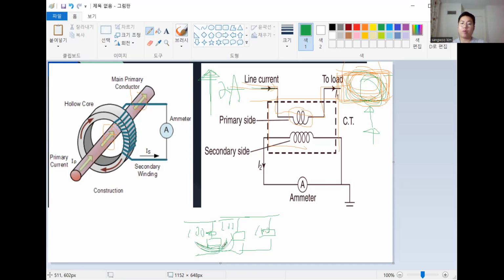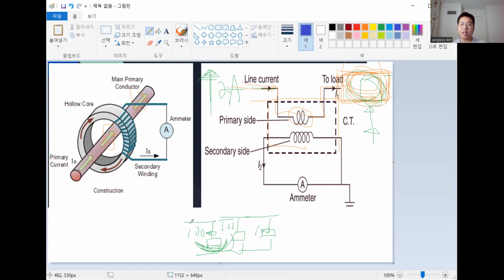For example, in the previous lecture, I explained how to get the load values in parallel, right?